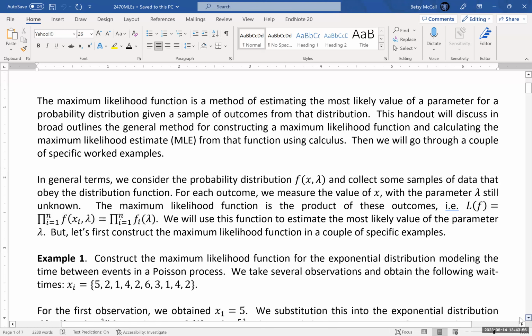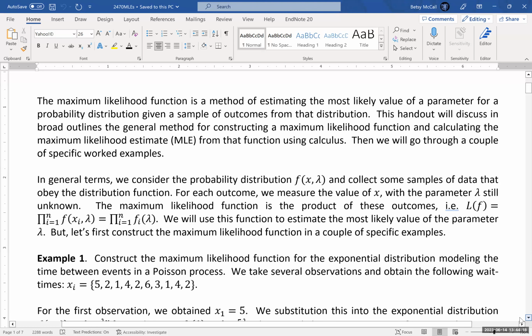All right, so I wanted to go through examples of cases where there's one lambda to be solved for. And then we will look at, in another video, some examples where you have to solve for these problems numerically, not with calculus.